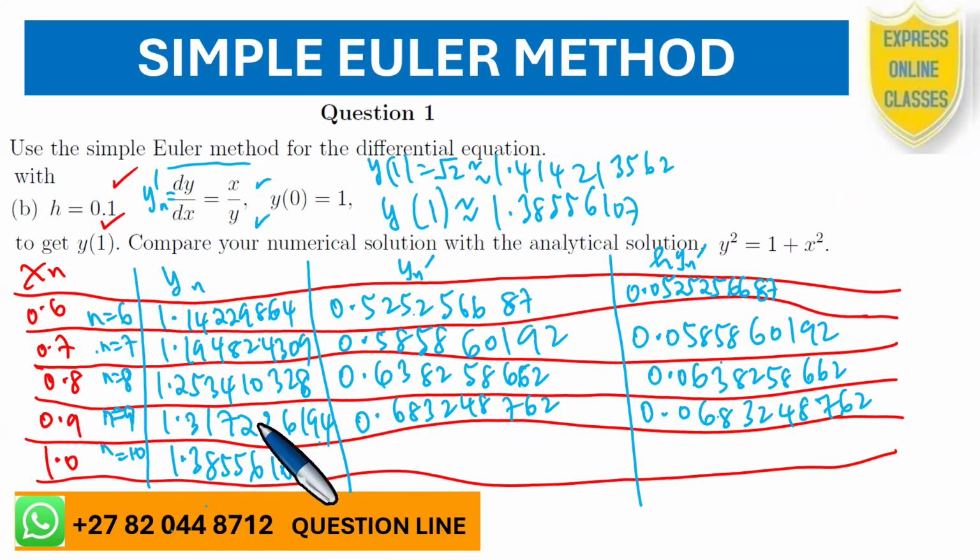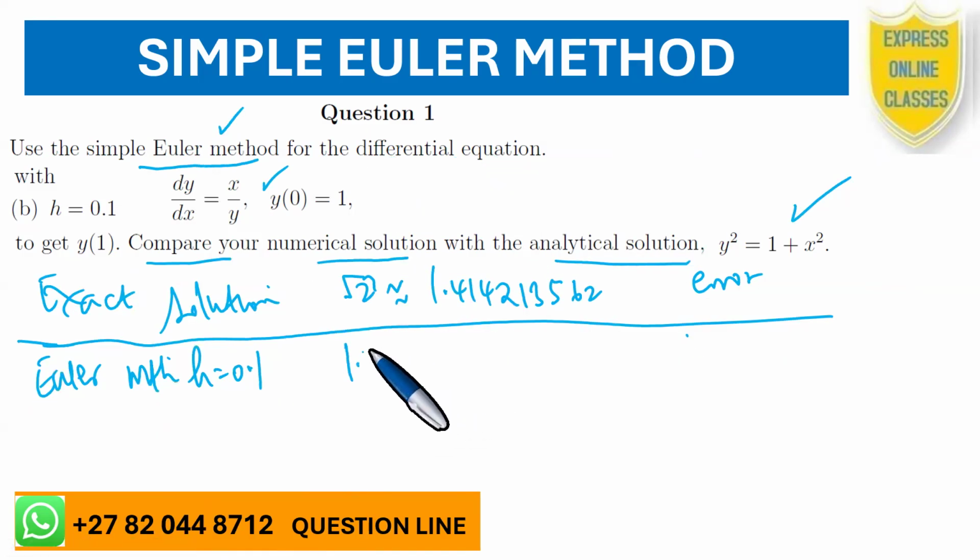So y10 is 1.3855 6107. So you can put it here.